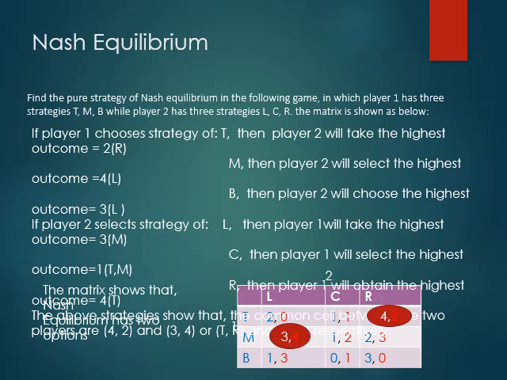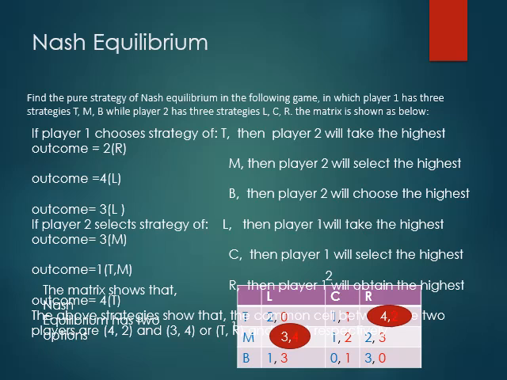The highest outcome for player 2 is 2, R2 in the column R. Okay, let us move to the second choice of player 1. If player 1 chooses strategy M, let's move to the M row.